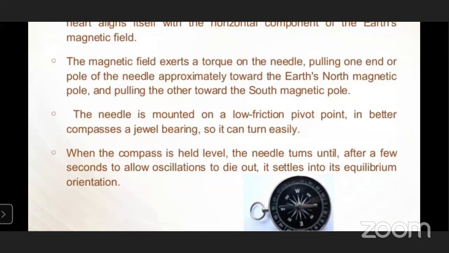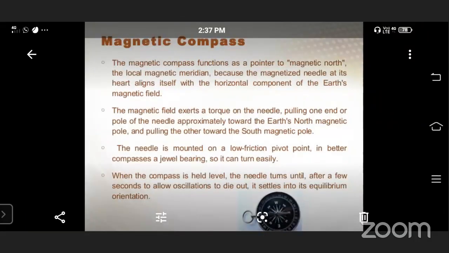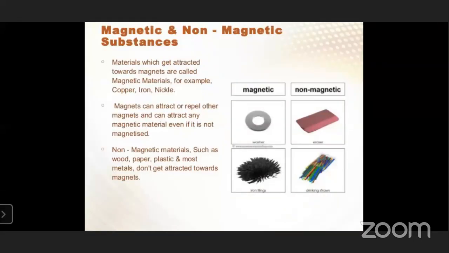So what I wanted to recap after today's topic is what we have learned. Today we have learned about the bar magnet and the iron filings. The black color spots are the iron filings.